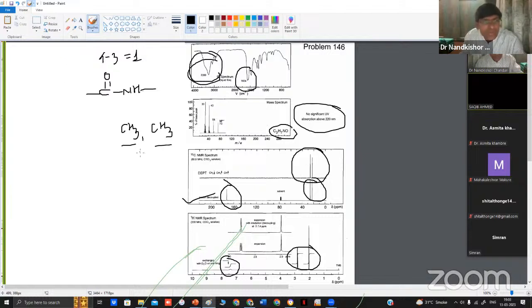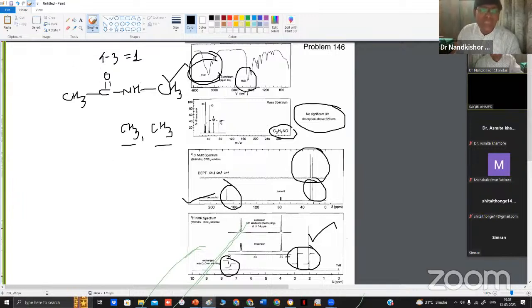So from the structural unit, it is very much clear that the proton having a 2 point something value, like this one, should be attached to the carbonyl group. And the other, which will be close to 3, will be attached to your CH3. So this will be the N-methyl acetamide structure, which will show this type of structural unit.